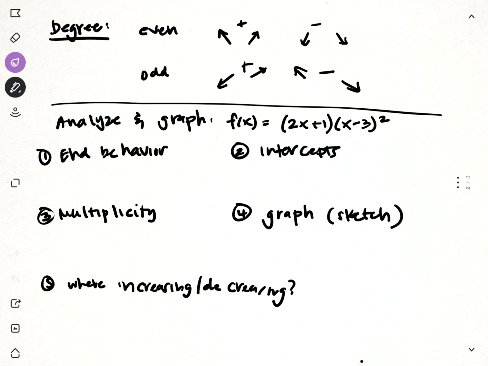One thing we know is that the degree of our polynomial tells us a few things. If it's an even degree, meaning the leading exponent is an even number, it's going to look like a parabola towards the ends. If a is positive, it opens upwards. If a is negative, it opens downwards. And any odd degree is just like a linear function, which is x to the first power.